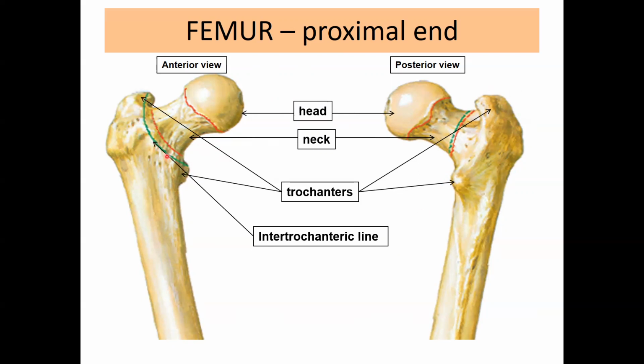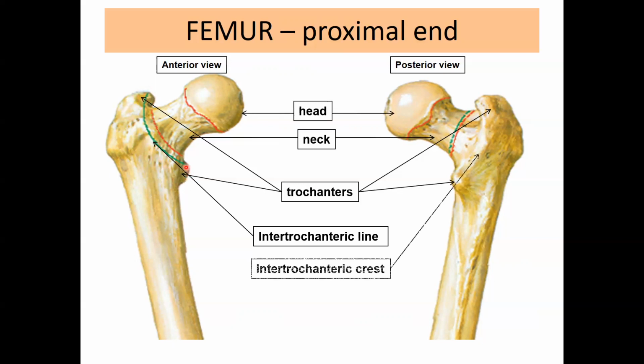Why is it called a line? Because it's actually just an imaginary line. It's not really a line here. The line is located between the greater and the lesser trochanter.